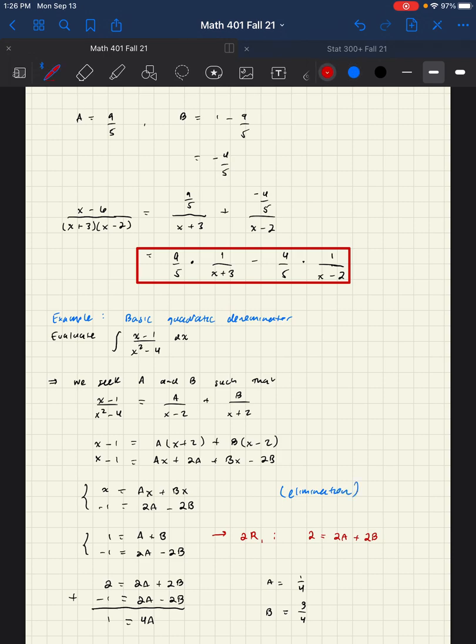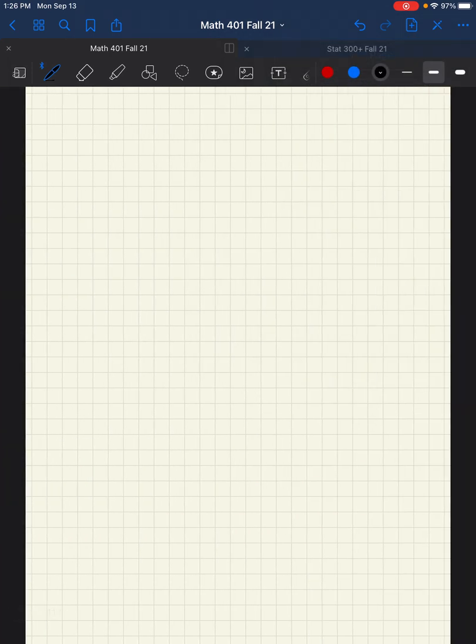And now we have the A and B that we need, and we can simplify the integrand. So the integrand, which was originally x minus 1 over x squared minus 4 dx, is now the integral of 1/4 over x minus 2 dx plus the integral of 3/4 over x plus 2 dx.